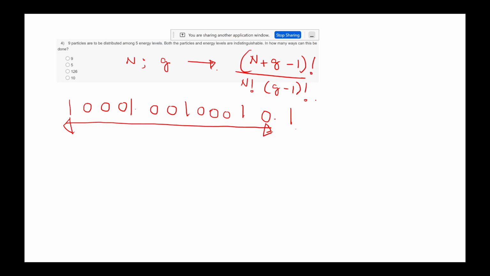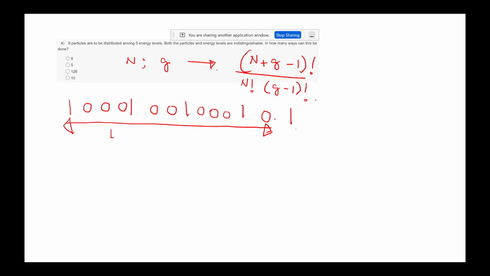So if there are, now you just mix the energy level and particle in just one way, meaning the particle levels and energy levels are both the same in quantity. That would be how many ways they can be distributed.